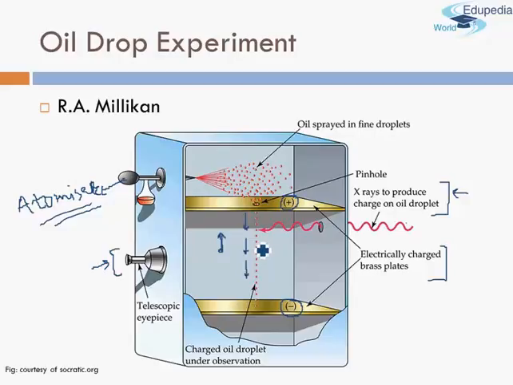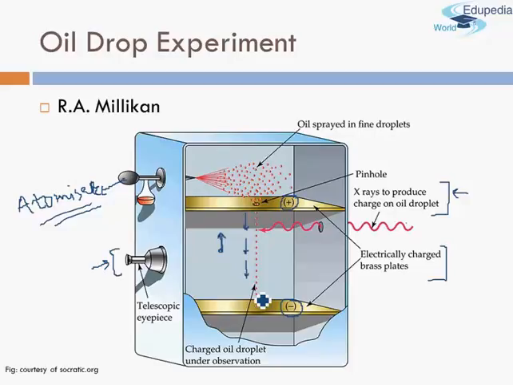Once we know that net force is zero, we can ensure that the velocity of the charged droplet is constant. You must have studied this concept in physics, that when net force acting on an object is zero, it can move with a constant velocity.